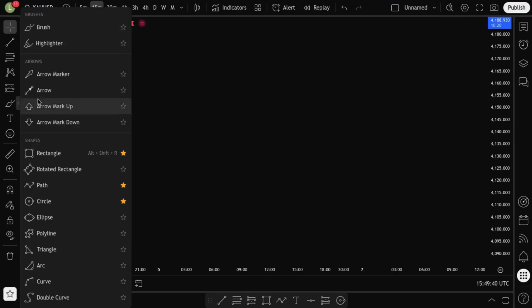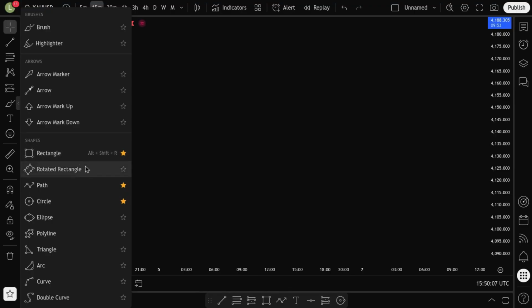This arrow I've used for teaching. If I want to share my idea or bias on something in the charts, I will use these tools like the arrow and this pathway to show, yes, this is what price is and this is what I'm expecting price to do. This rectangle is to map out zones, like demand, supply, resistance, and supports.